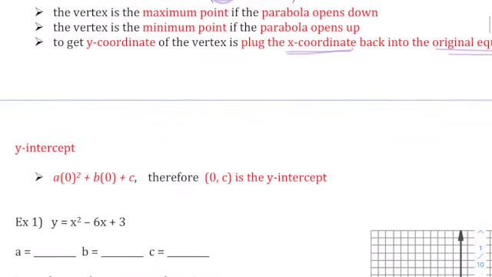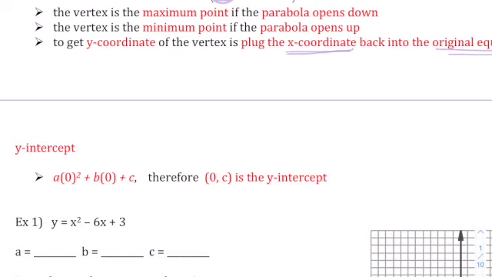The last thing is the y-intercept. When you are looking for the y-intercept, x has to equal 0. When you put in 0 for x, anything with the x drops out.